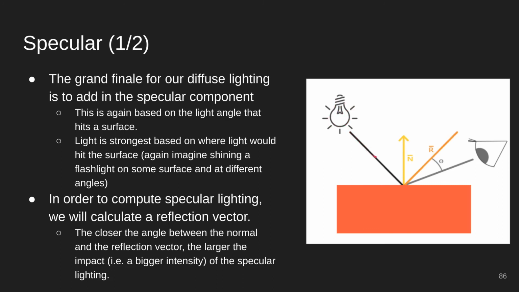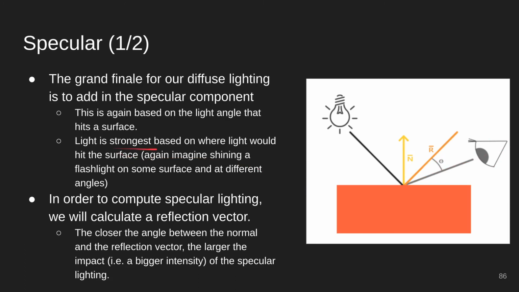It comes in, and then it bounces at the same angle away, but in the opposite direction across our normal. We call this reflect. There's an actual function for that. And this is how we compute the specular component from this reflected angle versus where we're viewing. Okay?